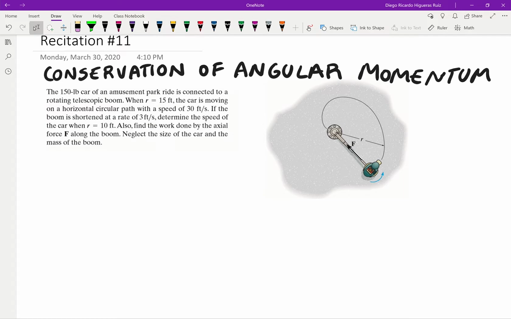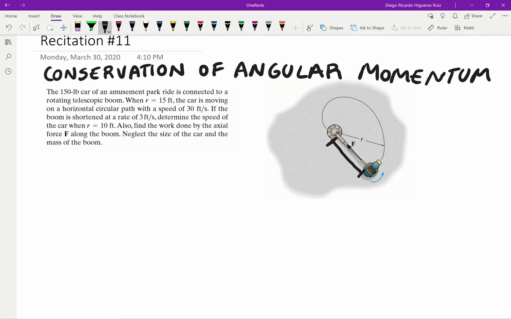The 150 pounds car of an amusement park ride is connected to a rotating telescopic boom. When R, the radius of this arm right here, that distance, is gonna be changing. So when R is equal to 15 feet, the car is moving on a horizontal circular path with a speed of 30 feet per second.